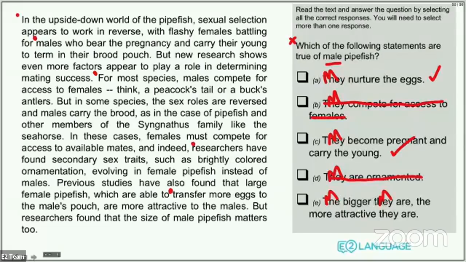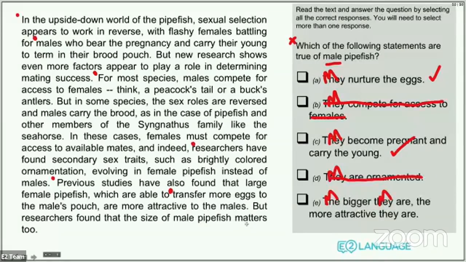The bigger the males are, the more attractive they are. It says here, previous studies have also found that large female pipefish, which are able to transfer more eggs to the male's pouch, large female pipefish are more attractive to the males. The bigger the males are, the more attractive they are. But researchers found that size of male pipefish matters too.